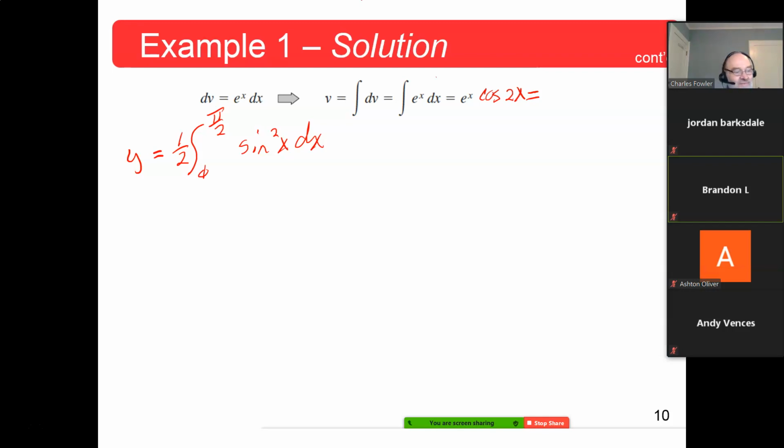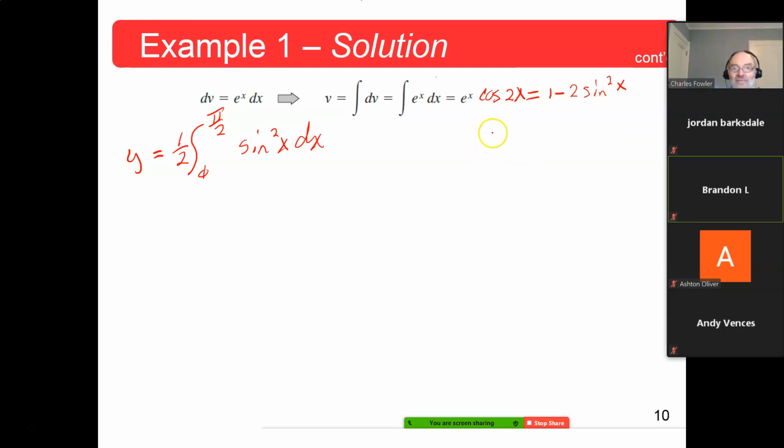The second one is 2 cosine squared x minus 1. We don't want that one. We want the third one. The third one is cosine 2x is equal to 1 minus 2 sine squared x.